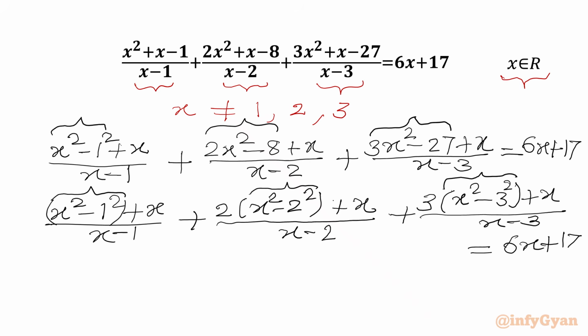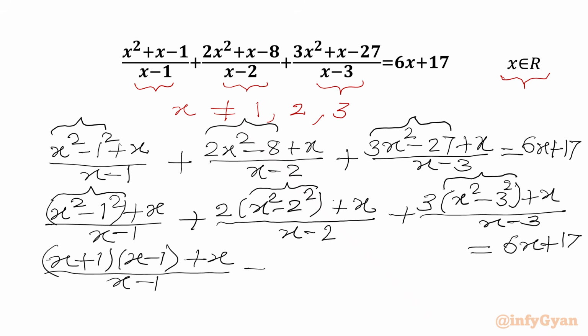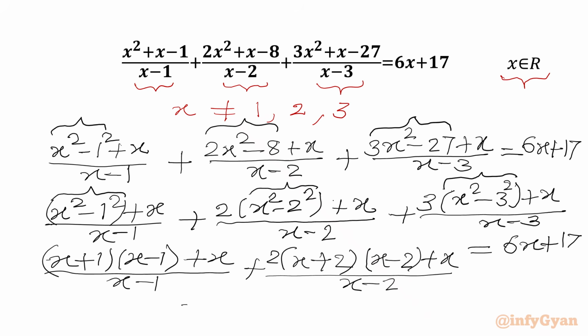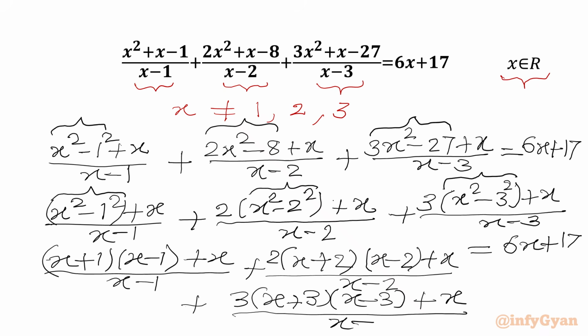So we will get x plus 1 times x minus 1 plus x over x minus 1, plus 2 times x plus 2 times x minus 2 plus x over x minus 2, plus 3 times x plus 3 times x minus 3 plus x over x minus 3 must be equal to 6x plus 17.